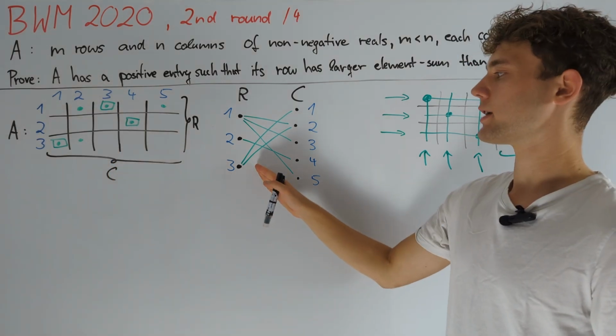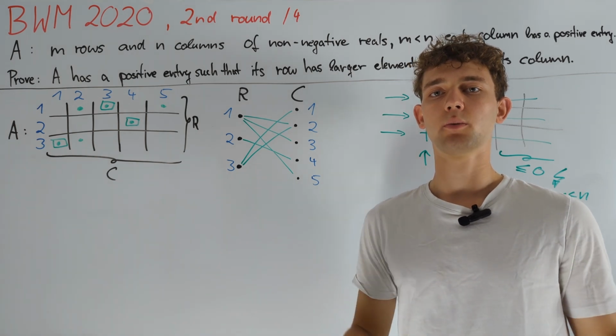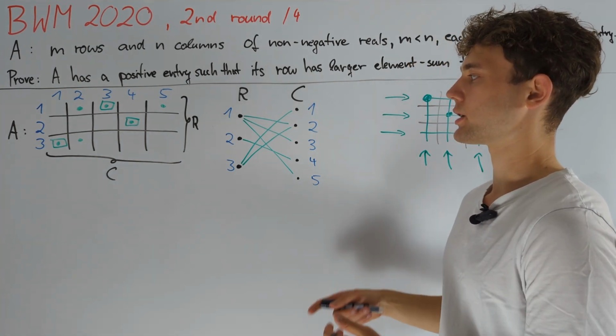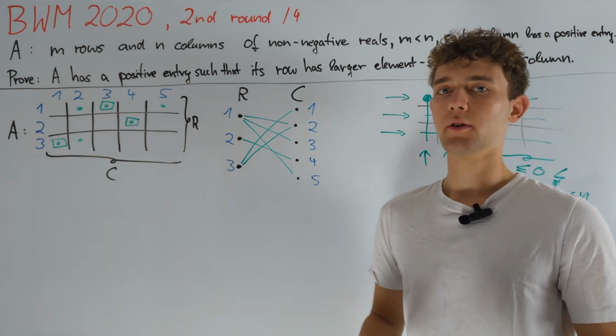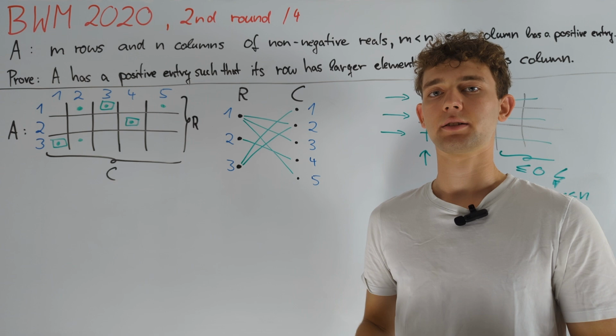We say that a set of edges in this graph is a matching if any vertex has at most one incident edge from that set, and moreover such a matching covers R if any vertex in R has exactly one incident edge from that set.